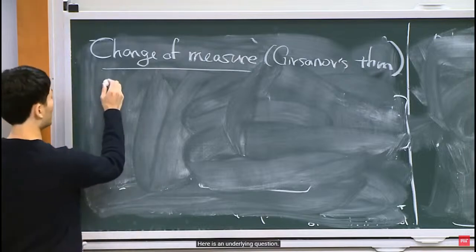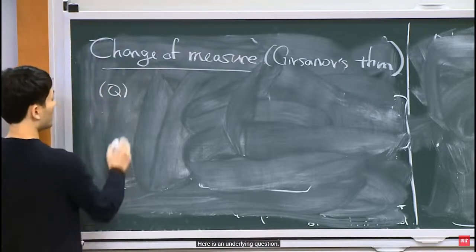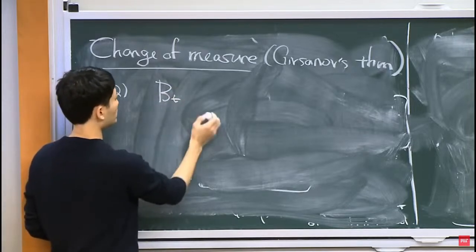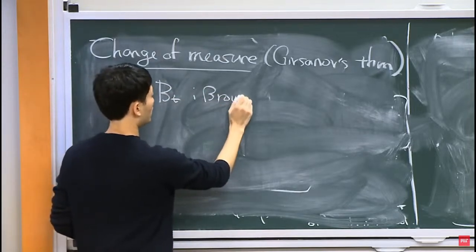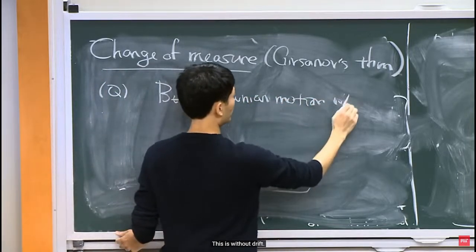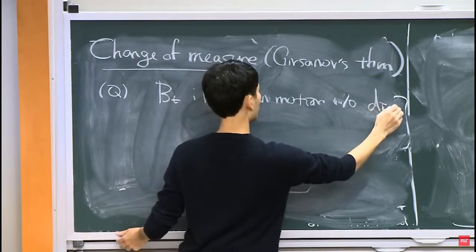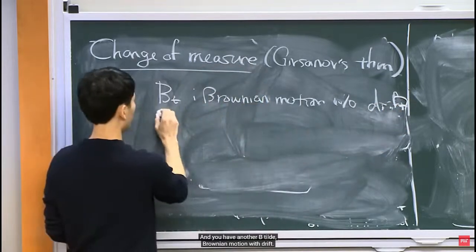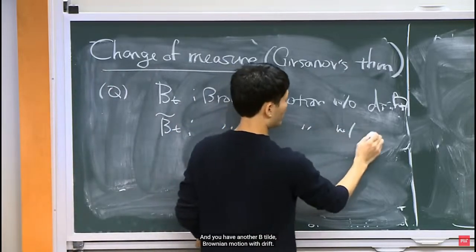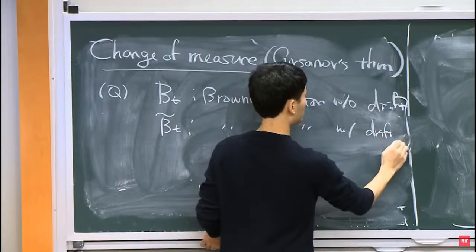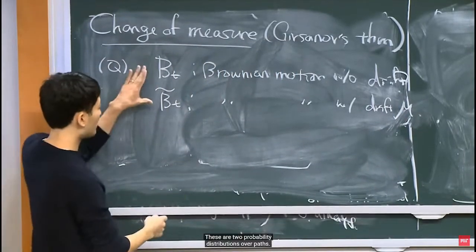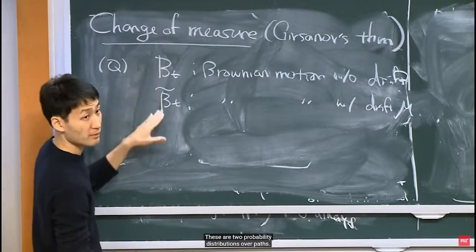here is an underlying question. Suppose you have two Brownian motions. This is without drift. And you have another B tilde, Brownian motion with drift. So these are two probability distributions over paths.